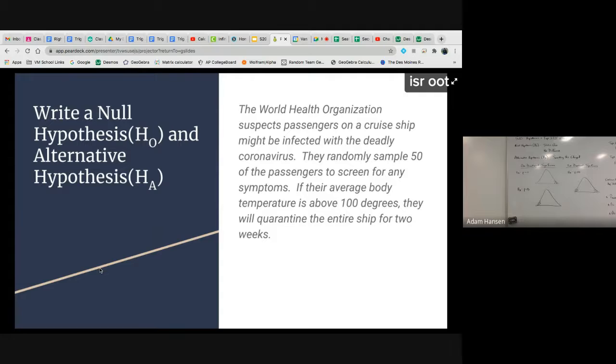Think about whether this is one directional or two directional. Are we going to have greater than, less than, or not equal to for our alternative case?